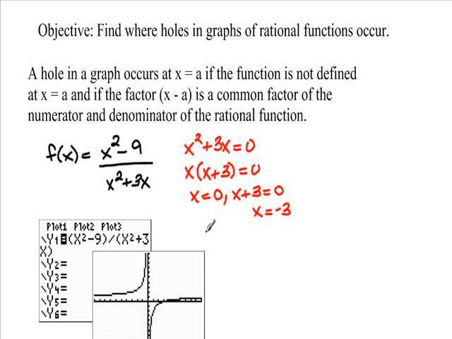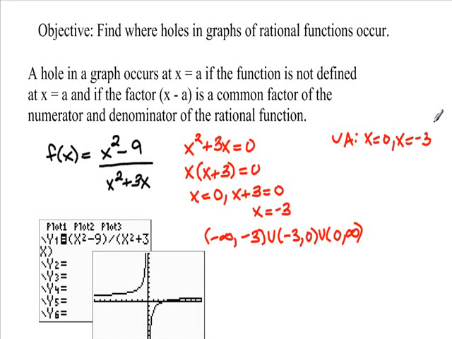Okay, so our domain of this function would be from negative infinity to negative 3, union negative 3 to 0, union 0 to infinity. Okay? Now, if we use what we talked about before, we would think that we would have vertical asymptotes at the values where the denominator is equal to 0, at x equals 0 and x equals negative 3. But we'll come back to this one in just a minute.